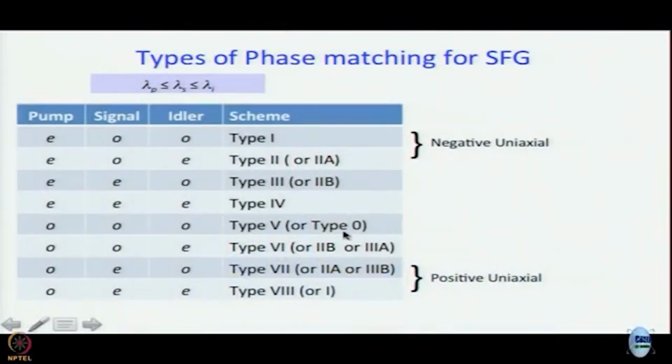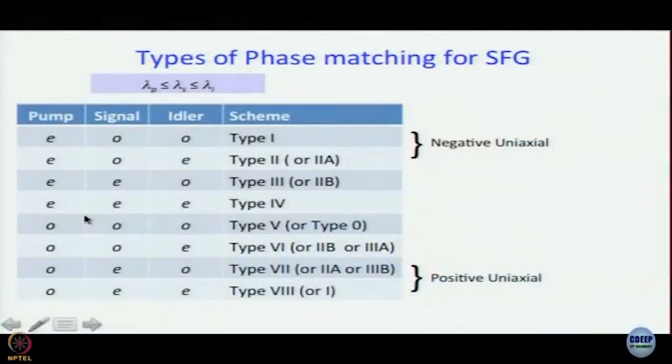Type 5 is also called type 0, where you have EEE, OOO. That means there is no change in polarization. When will that happen? When will no change in polarization happen? When a circle overlaps with a circle, or, sorry, not rectangle, ellipse overlaps with ellipse, right?